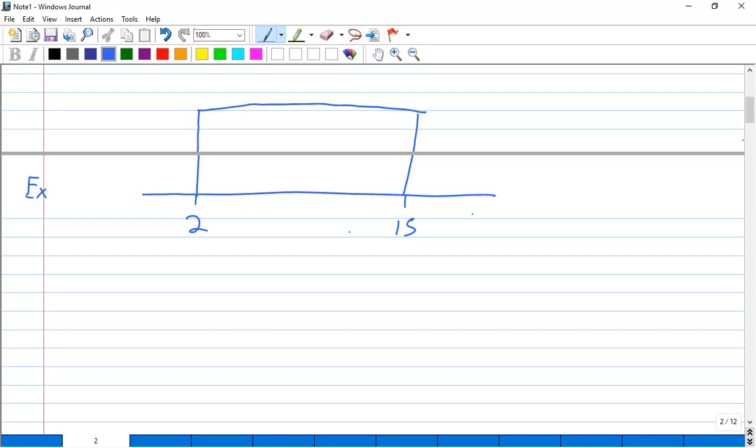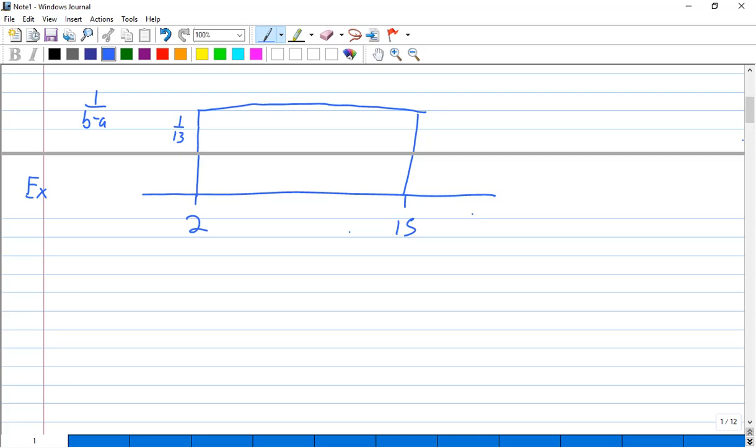And the way that you get the height of that line, and the scale isn't that great, is you say 1 over B minus A. So 1 over 15 minus 2. What's that going to be? 1 over 13. So what that means is there is a 1/13th chance that the fire truck will arrive anytime between 2 and 15 minutes. It's the same probability the entire time. Okay?